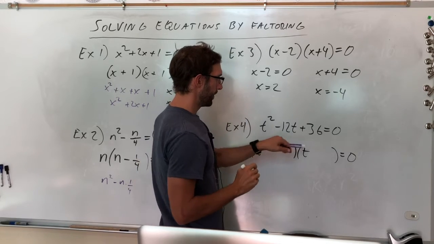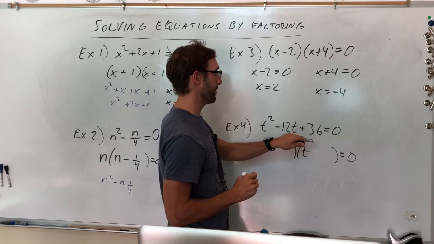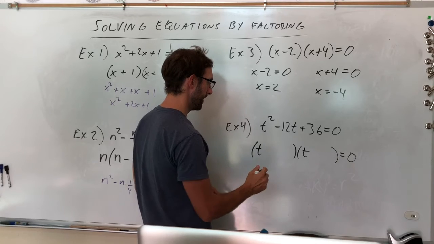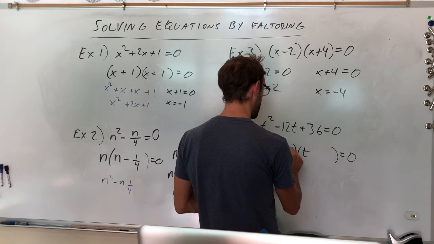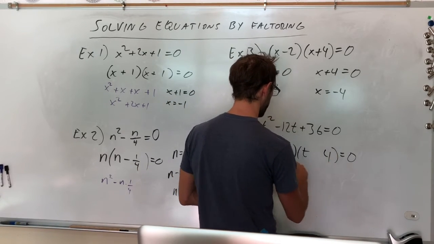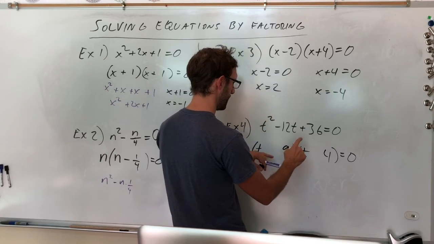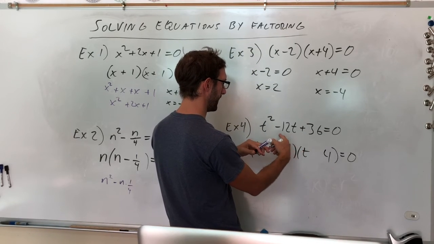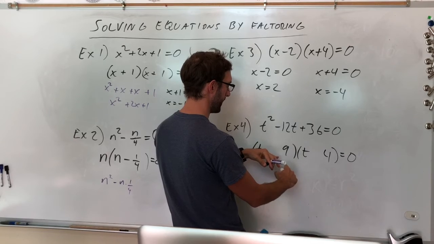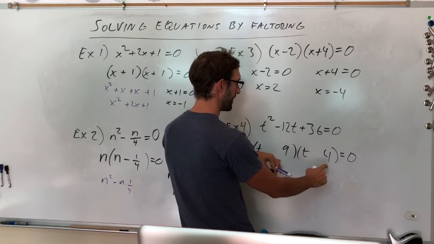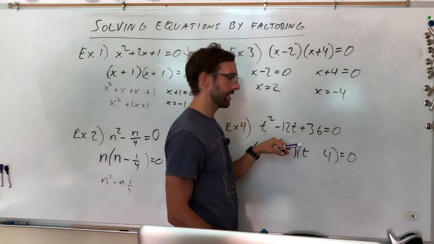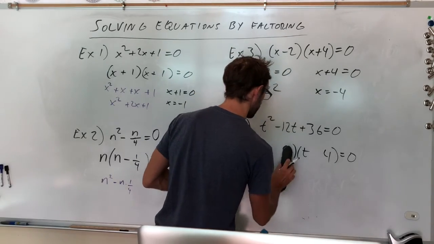We need to find some numbers that multiply to positive 36. I know 9 and 4 work. 9 times 4 is 36. But here we've got a problem. No way can you combine 9 and 4, adding or subtracting, to get negative 12. So that's not a correct answer.